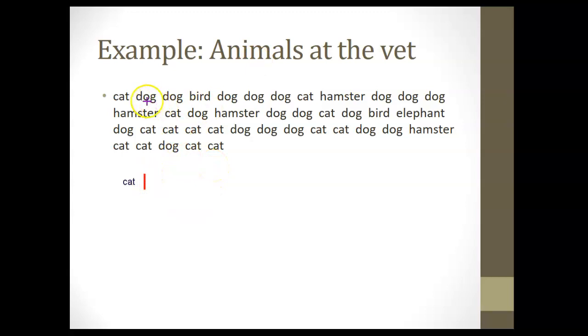Then the next animal, the second animal on the list, is a dog. So let me write dog and mark a tally mark for that. Then we have another dog. And next we have a bird.